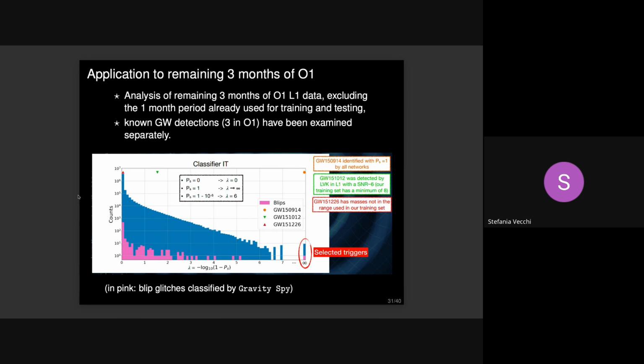150914 was detected with the probability equal to 1 because it's a very strong signal, obviously. This one, 151012, which at the beginning was not really regarded as a very strong signal and now was promoted to a real gravitational wave, was quite weak, and it landed with a probability of 10 to the minus something.